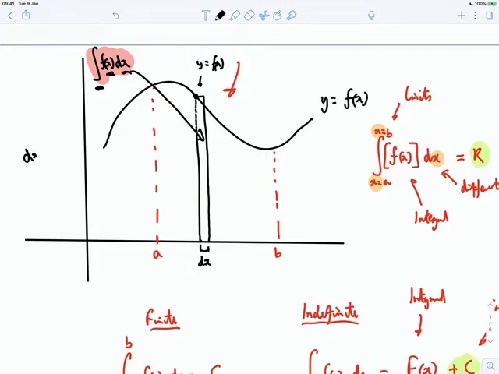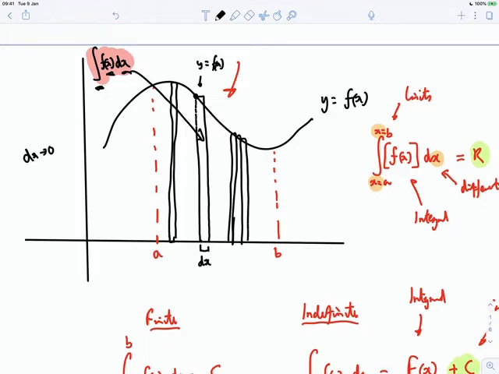And as dx tends to 0, imagine summing up infinitely tiny, minuscule thickness, equally spaced rectangles that completely fill up the graph. Now the skinnier the rectangles, the more you'll need of them, but the better representation the area under the graph will be.